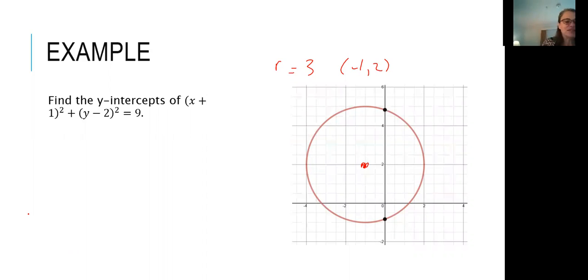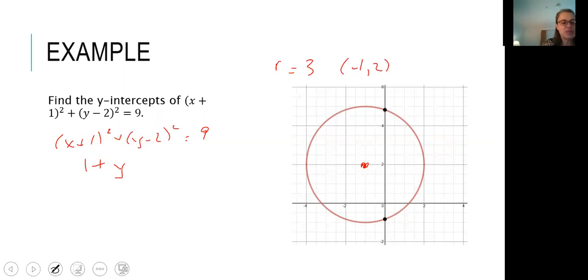If x is 0, that means we're going to take this x plus 1 squared plus y minus 2 squared equals 9. We're going to make x be 0, so we get 0 plus 1 squared, which is just 1, plus, now we're going to expand out the y minus 2 squared, so we get y squared minus 4y plus 4 equals 9. Combine our like terms.